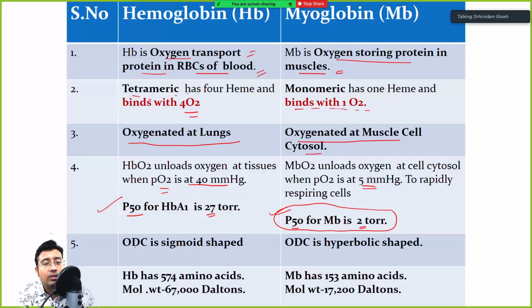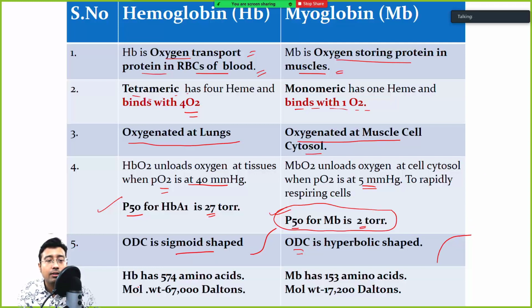Regarding the oxygen dissociation curve, hemoglobin's is the classical sigmoid, S shape, okay? In the case of myoglobin, it is a rectangular hyperbola. Not the same thing, basically rectangular hyperbola means it's symmetrical up and down.